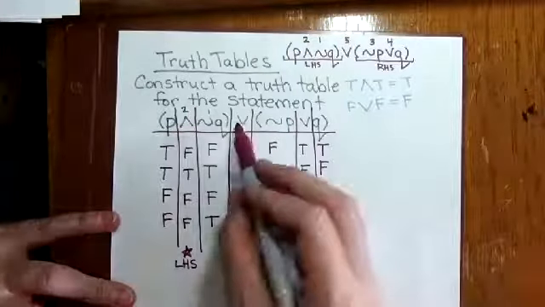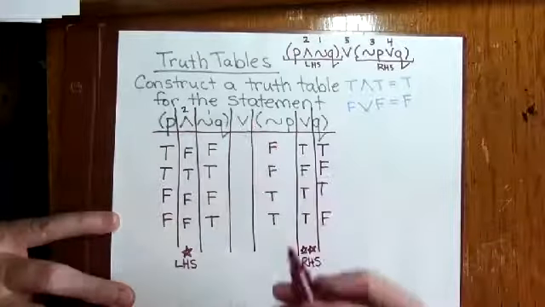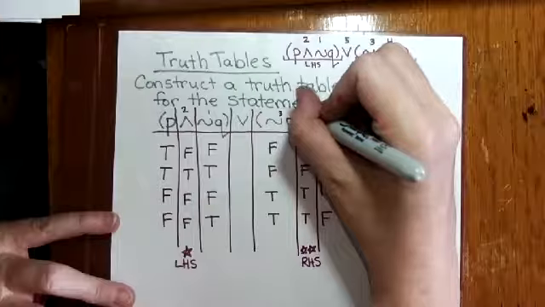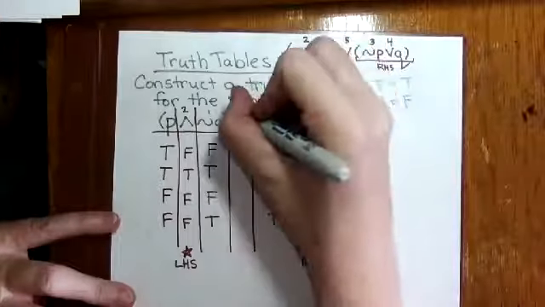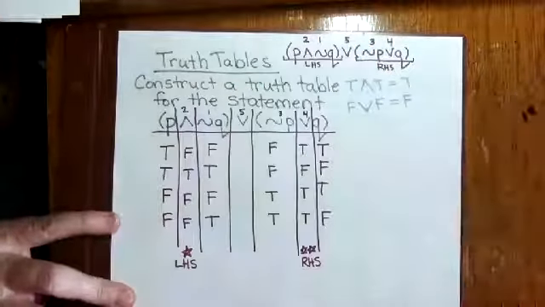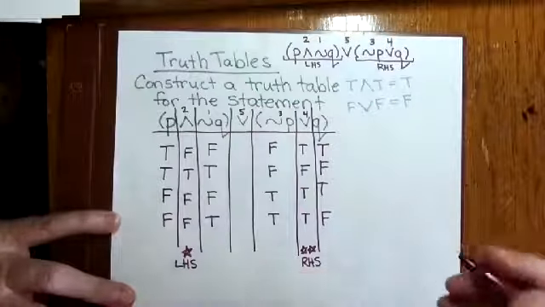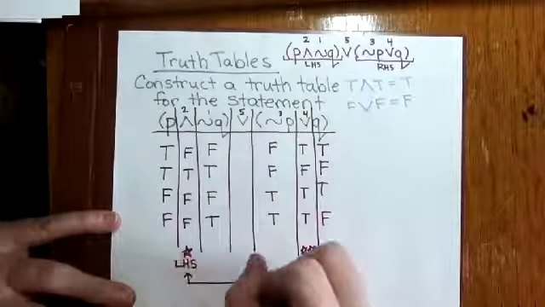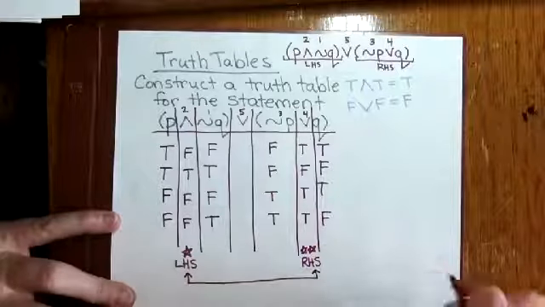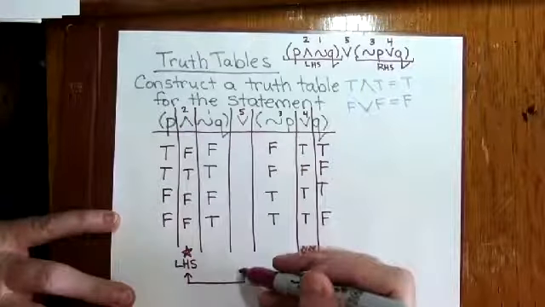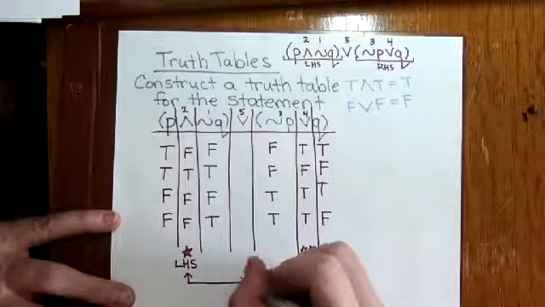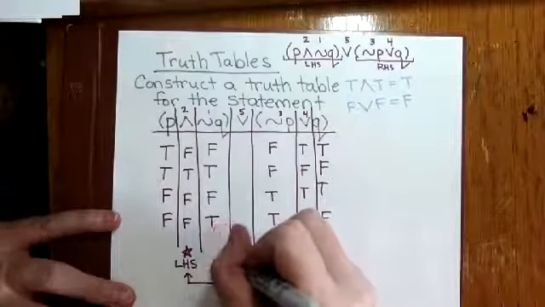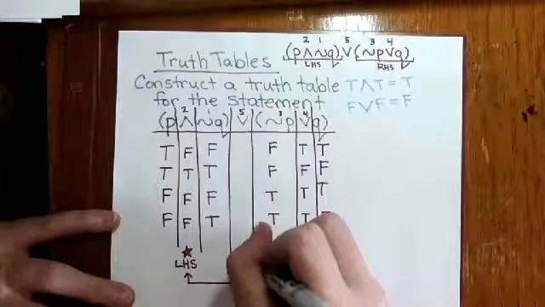So when we come now to the 5th line, so let's go put our numbers up here. Now we're at the 5th action column, and in this column we'll get our answer. So we're going to look at these two columns and we're going to OR them, and that's going to give us our answer column.